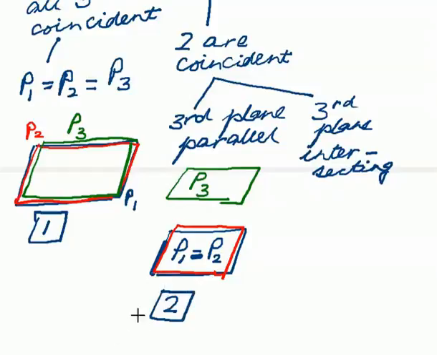Now a third situation that can arise is when two planes are coincident, P1 and P2, but the third plane intersects.